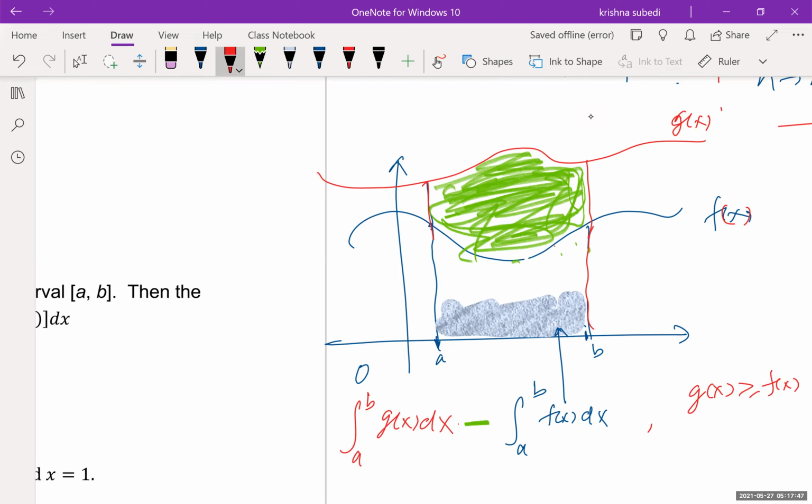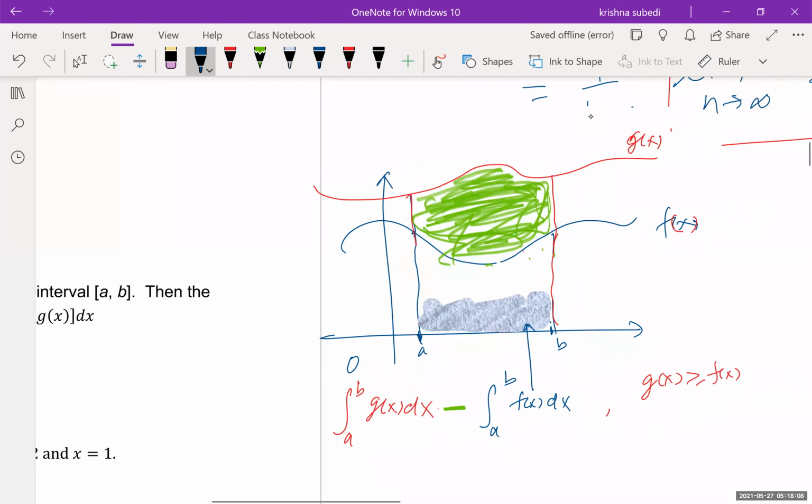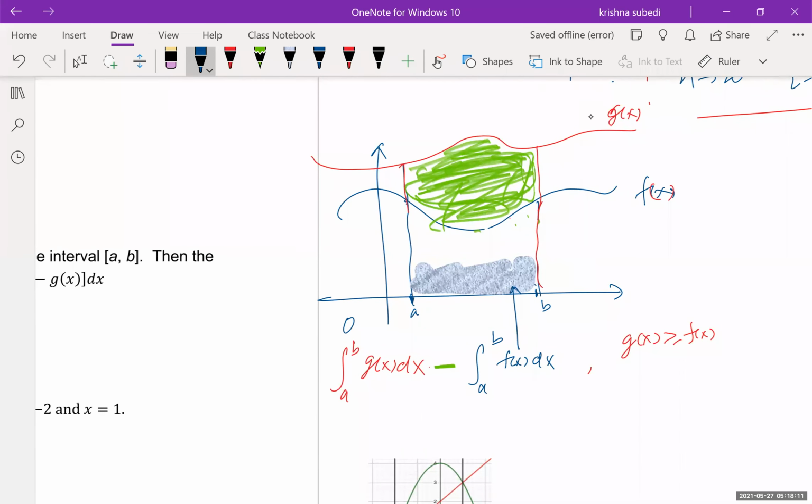All right, so what we know is that, okay, I want to erase this. Okay, this is not going somehow. Anyway, so now, as you can see, I can write this as the integral from a to b of g of x minus f of x dx, provided g is greater.